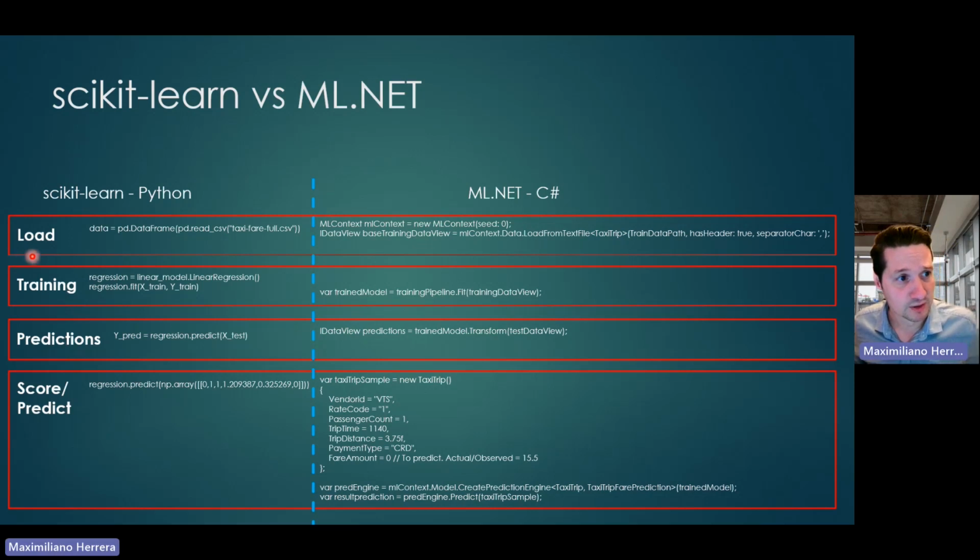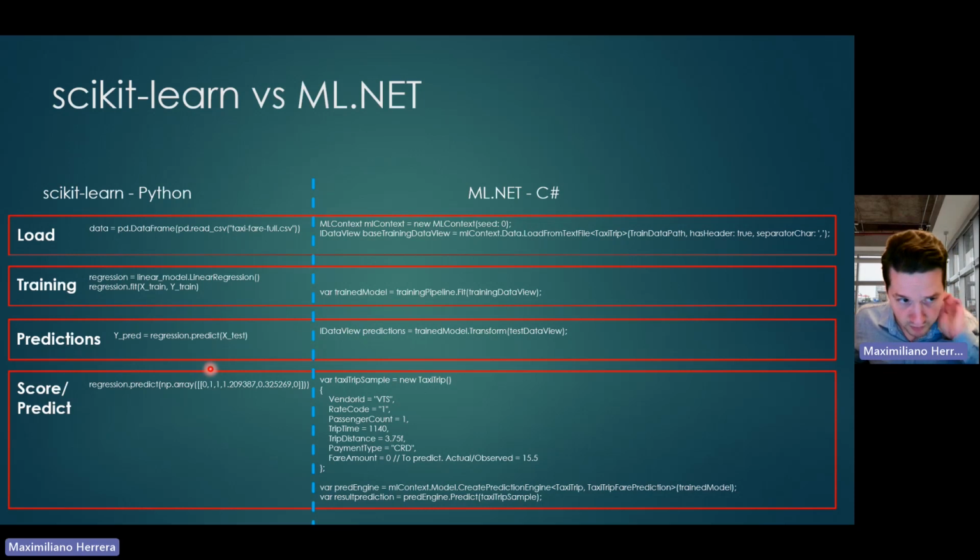So on the first step, the load, basically with Pandas you load the datasets, and Pandas makes it quite easy. You don't need to define any type, you just load it. In the training step with linear regression, you train the model.